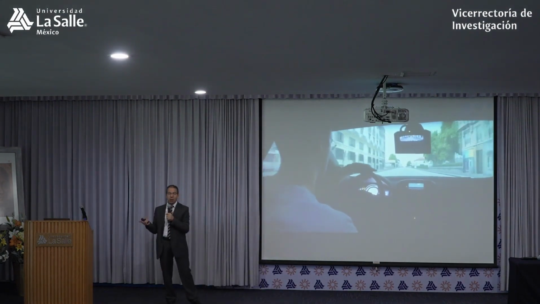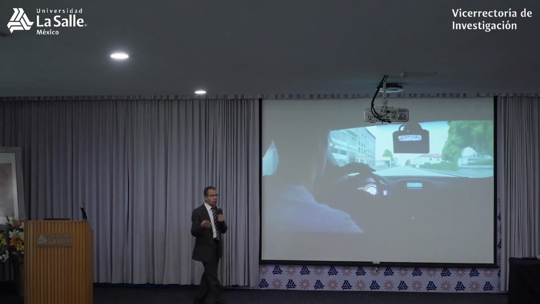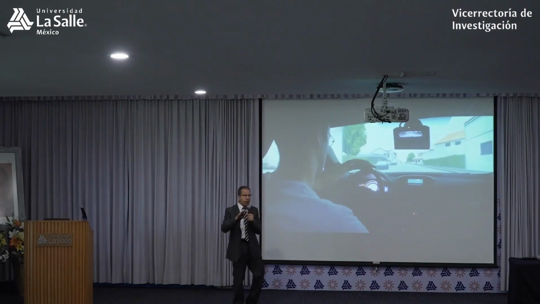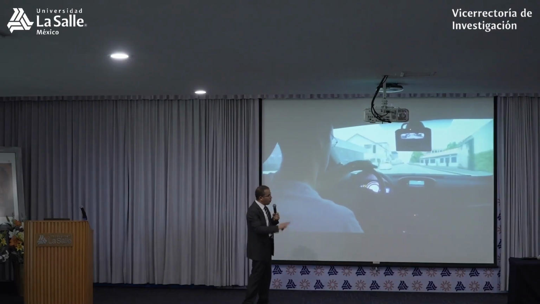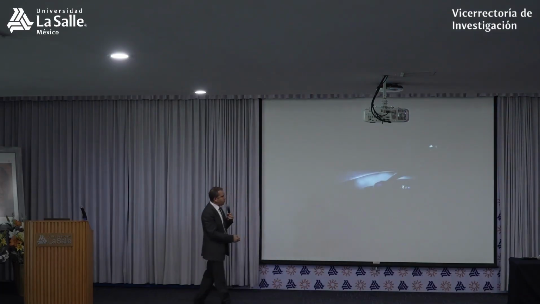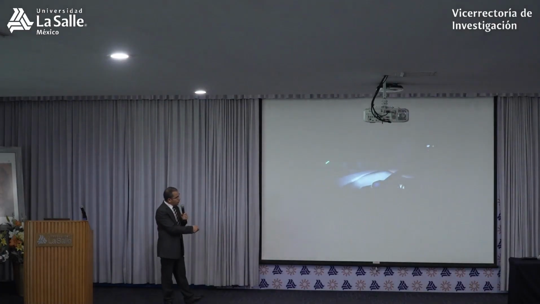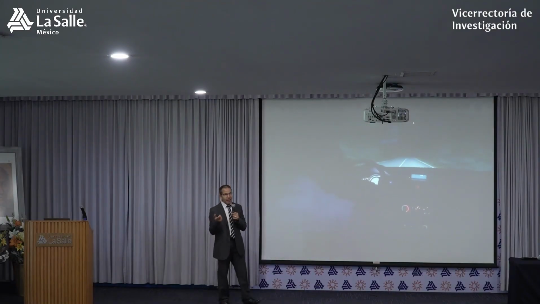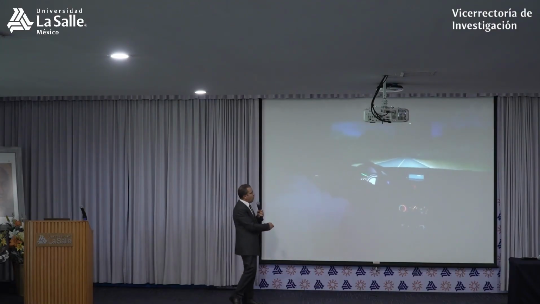This is very nice because, if you want to reproduce the dynamics of the car, it moves to the right, to the left, when you take a curve and so on. So it's possible to reproduce this. And the good thing is that you can reproduce different environments, like here, driving during the night. This is very good for the training of drivers.